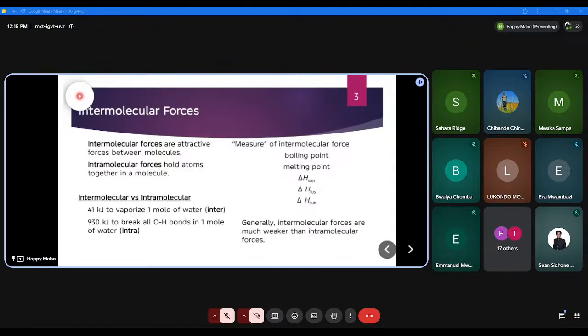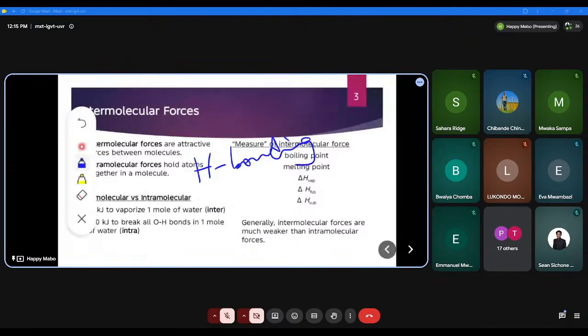Examples of intermolecular forces include hydrogen bonding, which is an example of an intermolecular force. We can also think of dipole forces of interaction, something that we are going to look at in more detail at a later stage. Those are some examples of intermolecular forces that might exist when you've got two or more molecules of a substance.